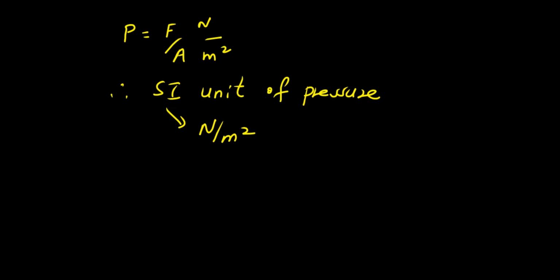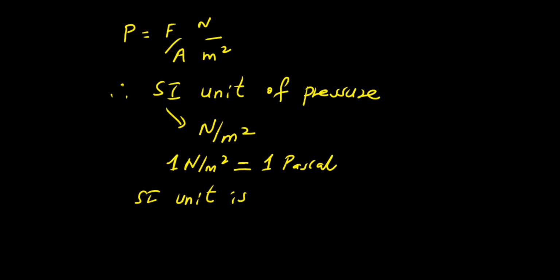In honor of the scientist Pascal, 1 Newton per square meter is equivalent to 1 Pascal. And therefore, another SI unit for pressure is Pascal. The symbol for Pascal is capital P small a.